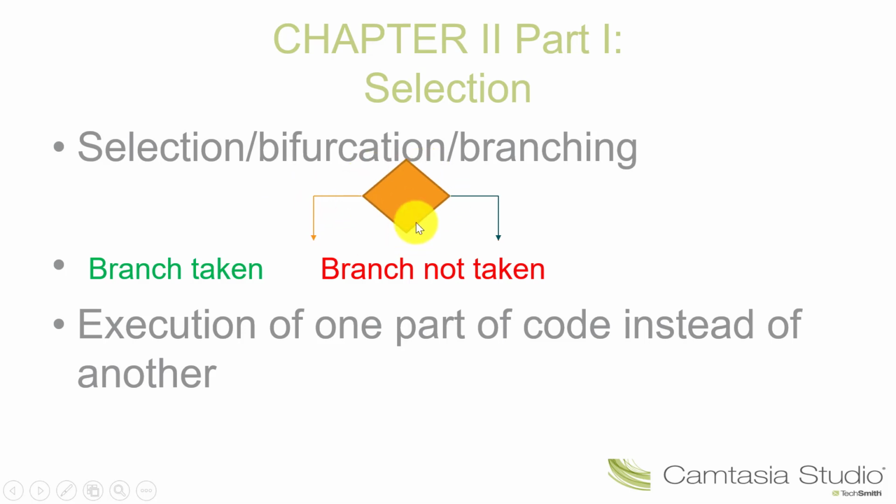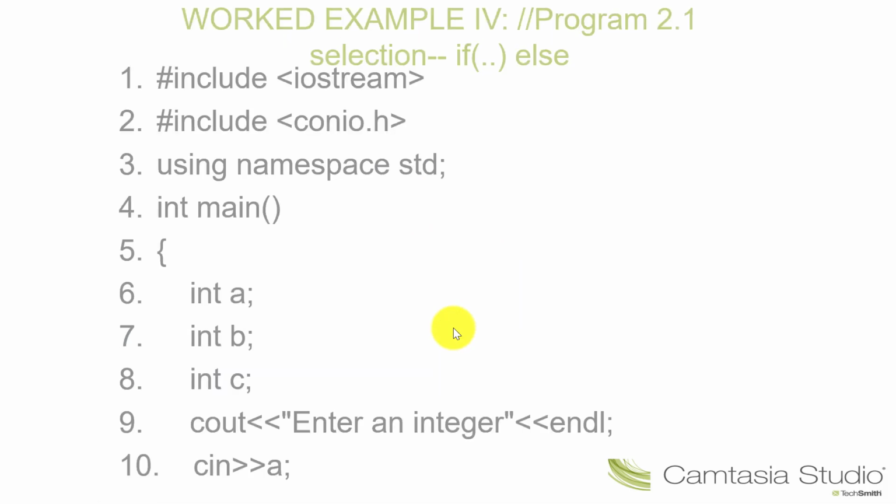That will depend on satisfaction of a certain condition. Now, the set of instructions that will be executed are called branch taken, and the set of instructions that will not be executed is called branch not taken. So just one part of the code is executed while the other is not executed.